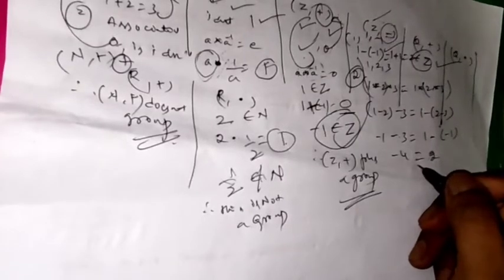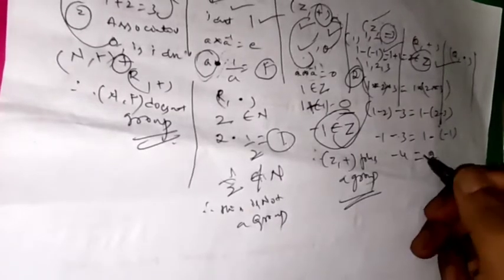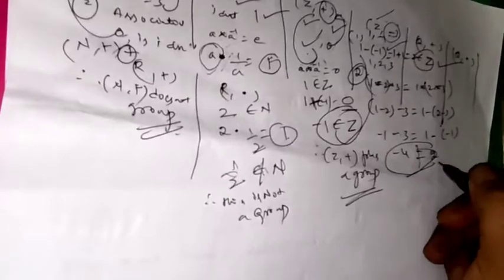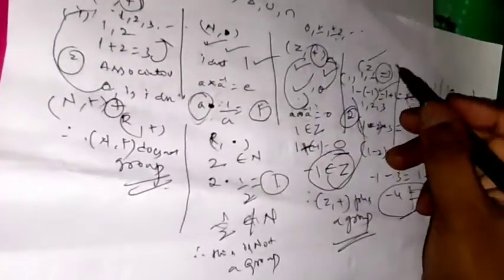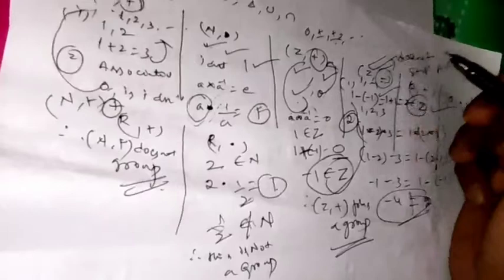Is minus 4 equal to 2? No, this is not equal. Z comma minus does not satisfy the condition of associativity, therefore it does not form a group. I hope you understand.